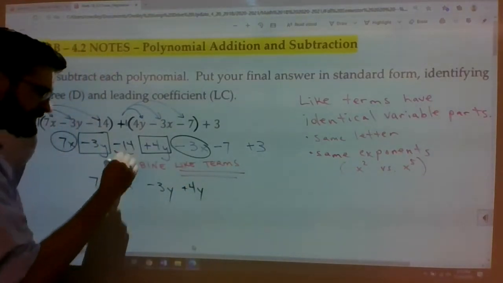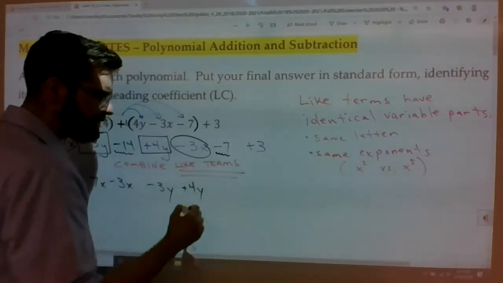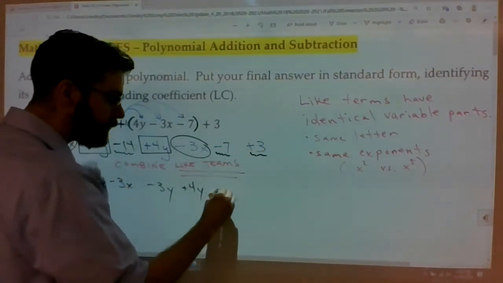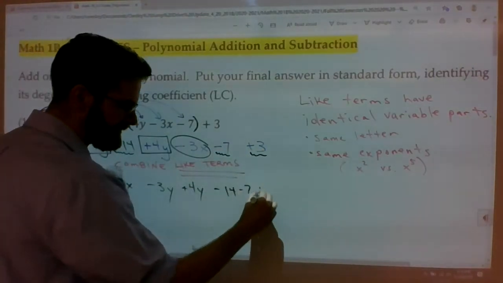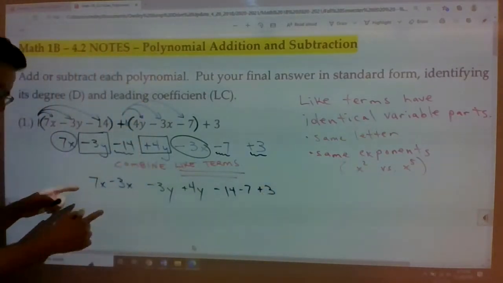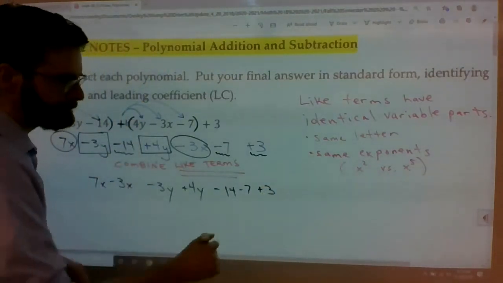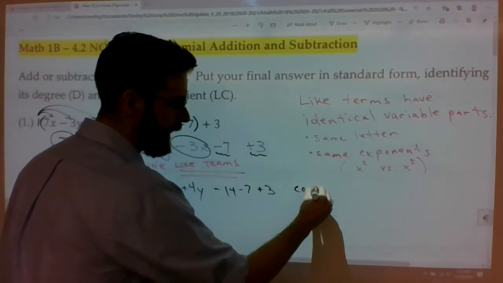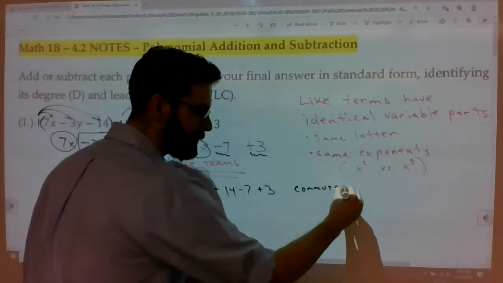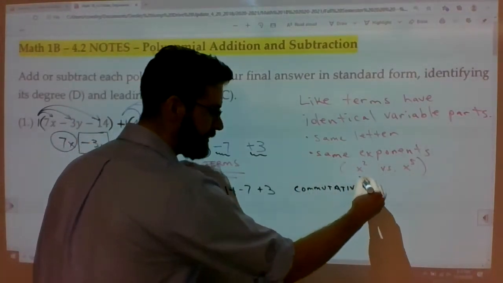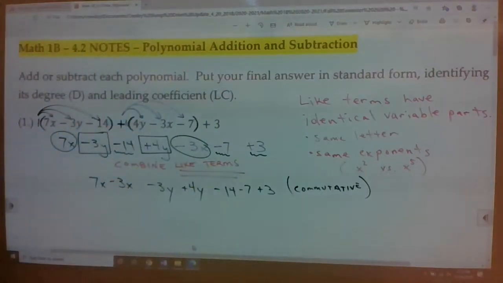And then negative 14 minus 7 plus 3, those can be put side by side as like terms. So this is called the commutative property. It's the property that says we can move terms around if addition and subtraction are involved.